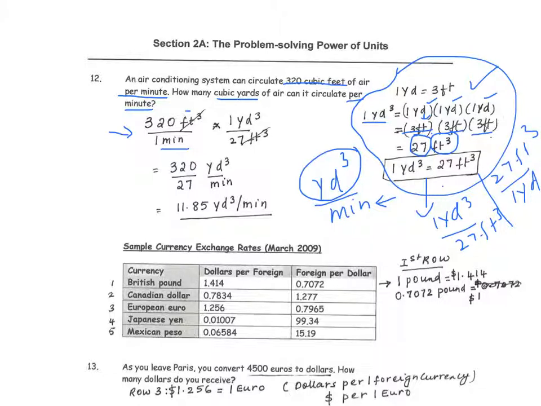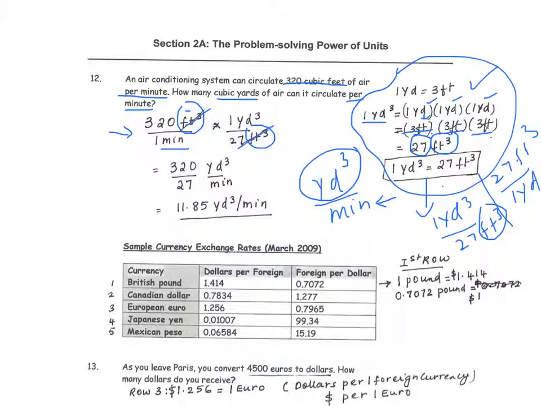Since we need to convert cubic feet to cubic yards, we want to make sure that cubic feet is in the denominator, so it gets cancelled with the cubic feet in the numerator.